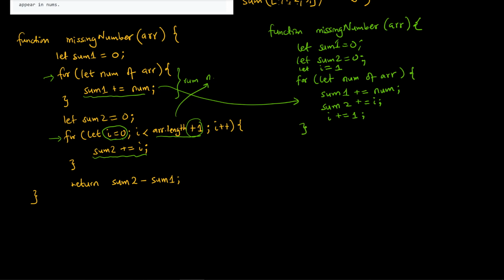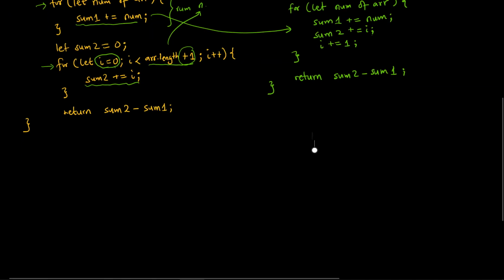At the end of the day, we'll have our sum 2 and we'll have our sum 1, and then just return sum 2 minus sum 1. Okay, so that's the first way.